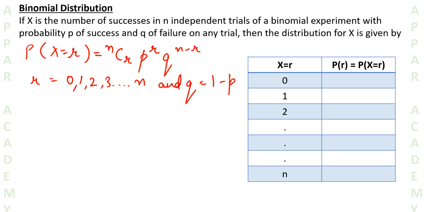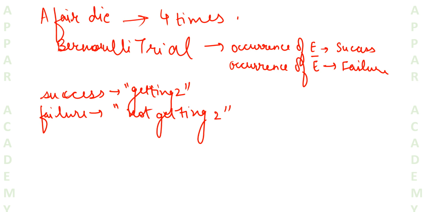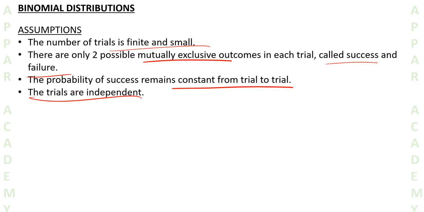The other conditions are obviously satisfied: p is always less than or equal to 1, and there are only two outcomes, one success and one failure. All those conditions are already satisfied, as we have seen in the assumptions of the binomial distribution.